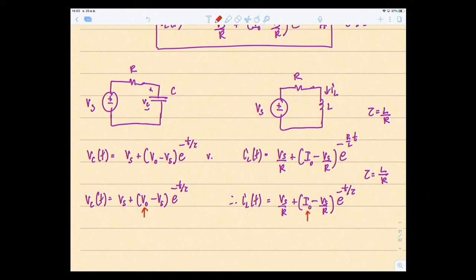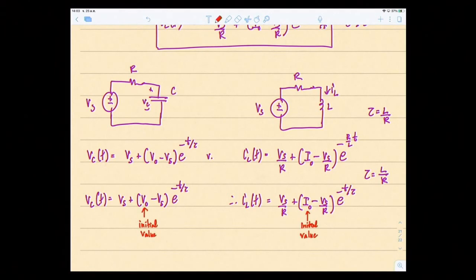These two values were our initial values, correct? So these are our initial values of the capacitor voltage and inductor current, as the switch moves, in this case at t equal to 0.